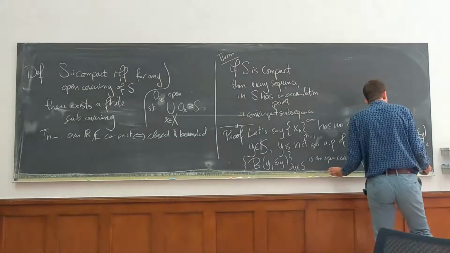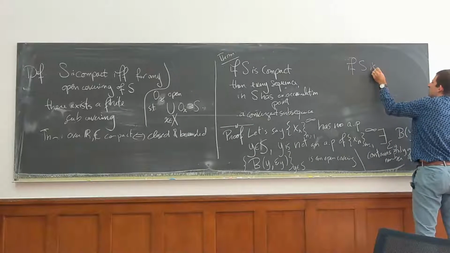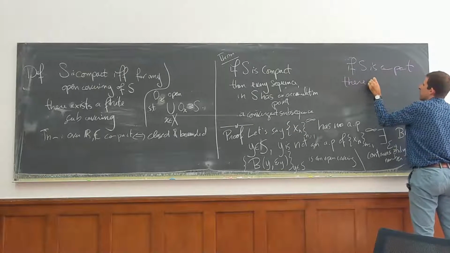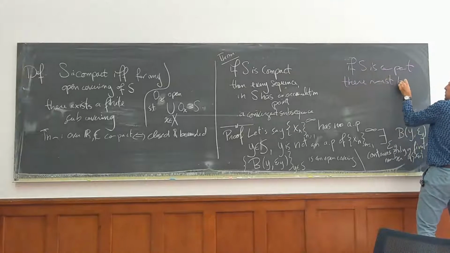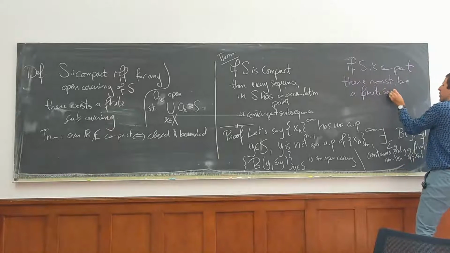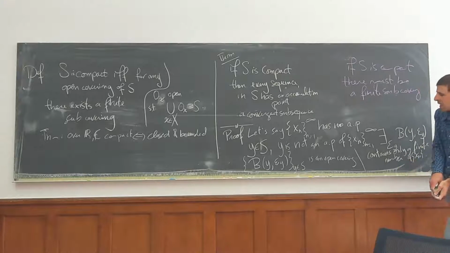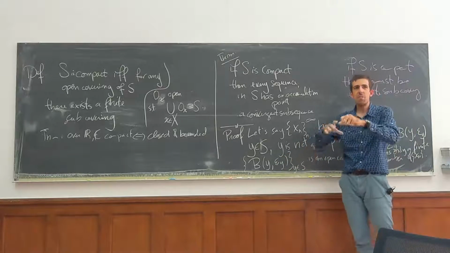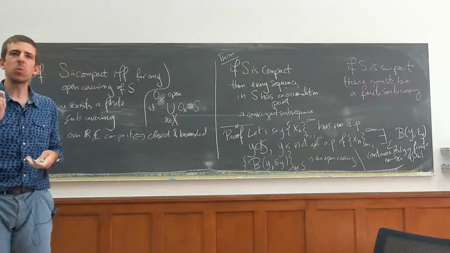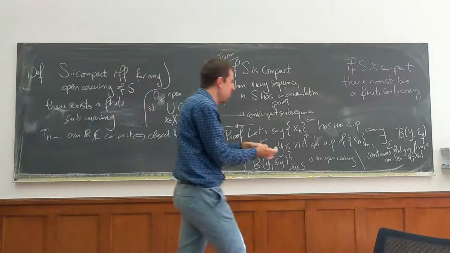So if S is compact, there must be a finite subcovering. But what does that mean? That means that I can cover S with a finite number of open sets, of which each one only has a finite number of xn's. So what would this imply?